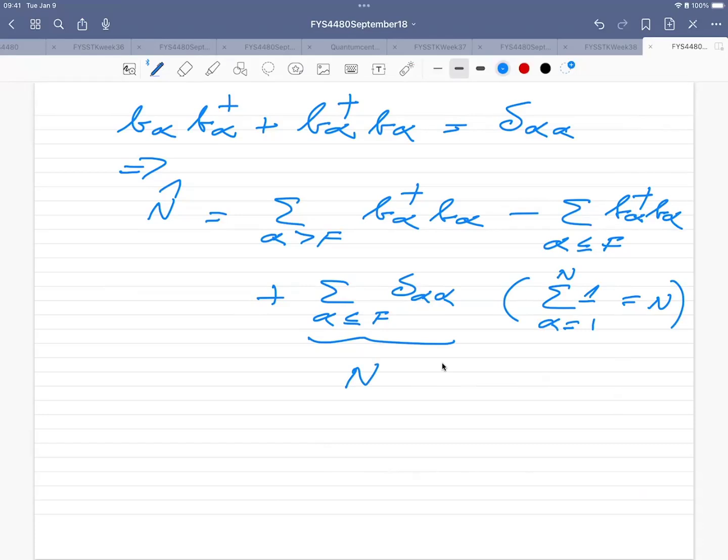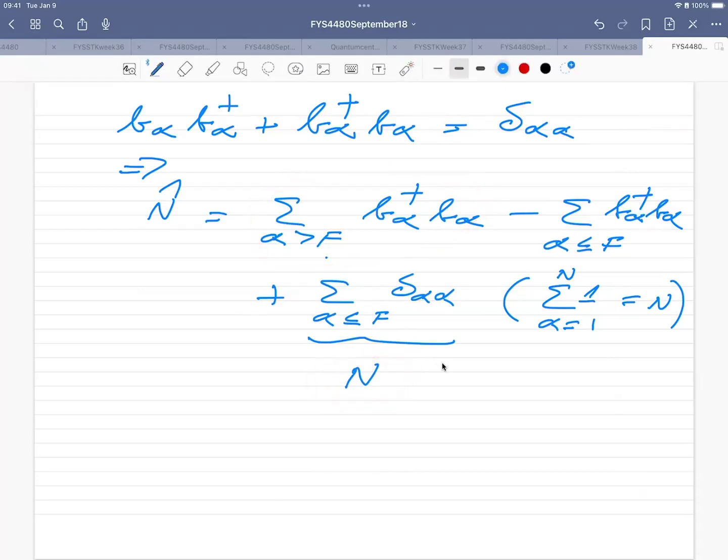Now I can actually rewrite this in this new form, and then I have only normal ordered operators, where you see that I have to separate the sums between alpha larger than F and alpha less than F. But they look pretty much the same. Later, we are going to make this even more compact so that we have only one term and we can sum freely over all the states. But then we are going to be left with something like this.